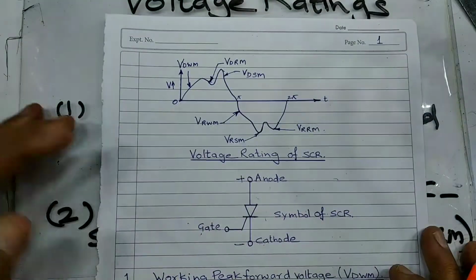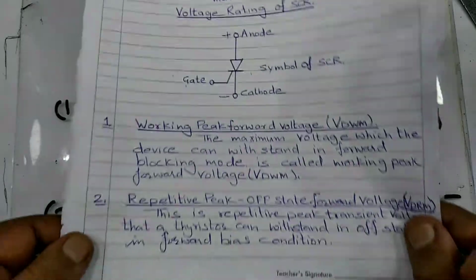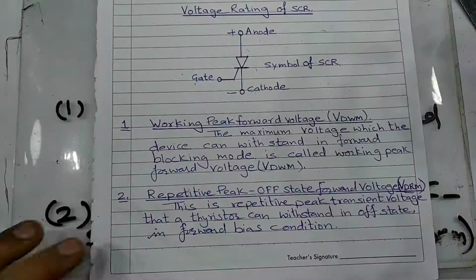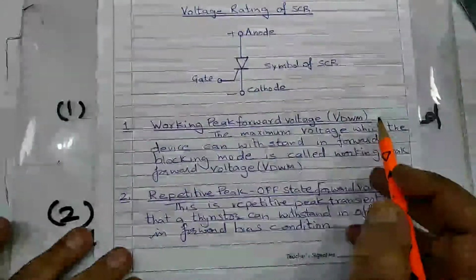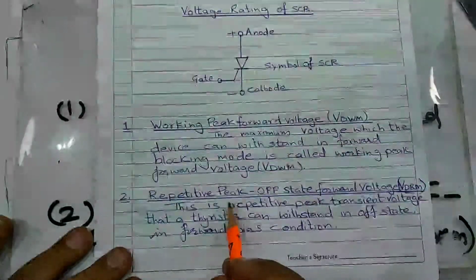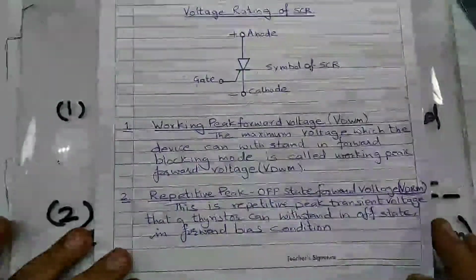So now we will see the next. These are the two voltages, working peak forward voltage VDWM and repetitive peak off state forward voltage VDRM.